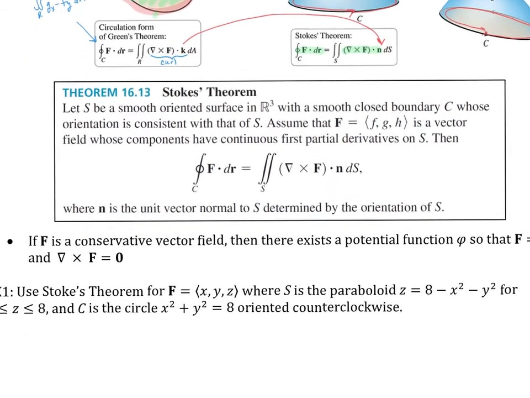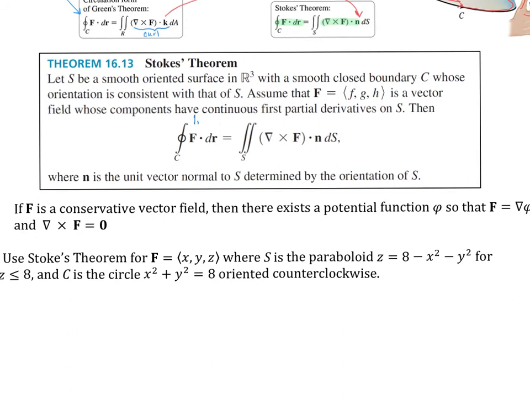We're going to go from a line integral, as we did previously with the flux, to a surface integral. So line integral, you integrate about a curve. A surface integral, you integrate with respect to a surface.